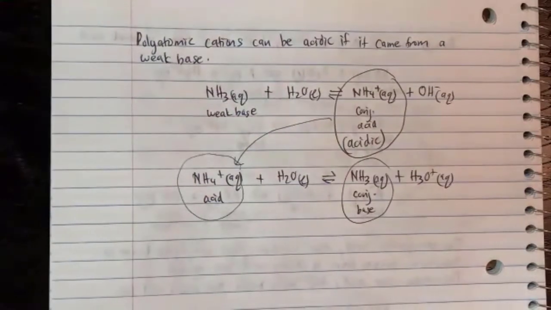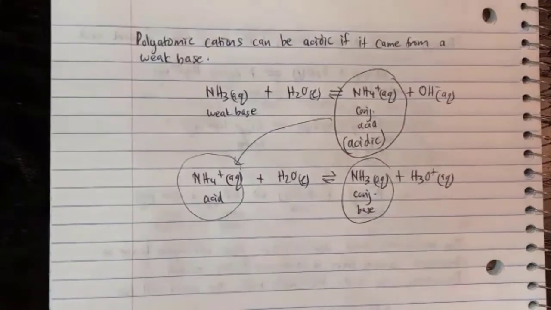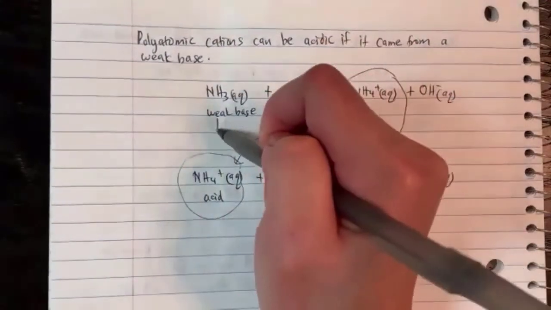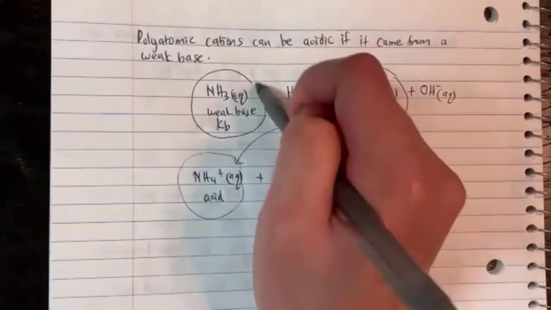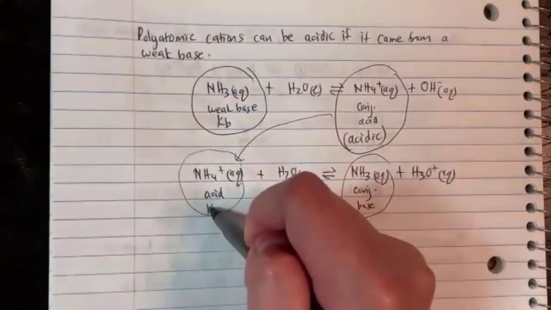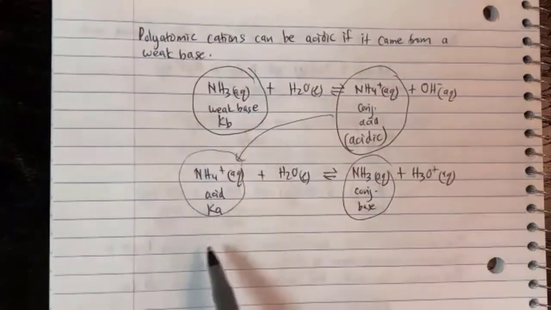So what's cool about this is when you start writing the backwards and forwards equations, you notice every time I write an equation for a base, I can have a Kb of this base that's given. If I wanted to write this as an acid, I better have a Ka for this acid. So you see how these two are related somehow?